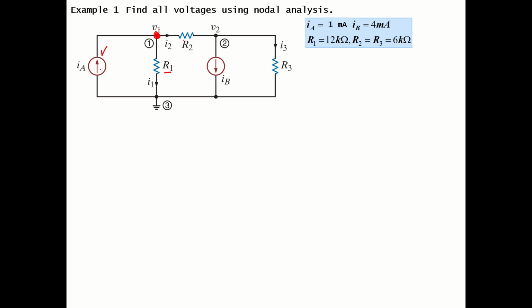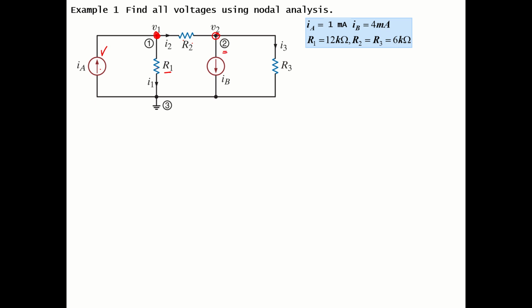This labeling helps us to track the calculations, the values of the voltages that we are going to find. Similarly, next if we look at the branch R2, this current source IB and this R3, they are connected together at this point, which is our second node.